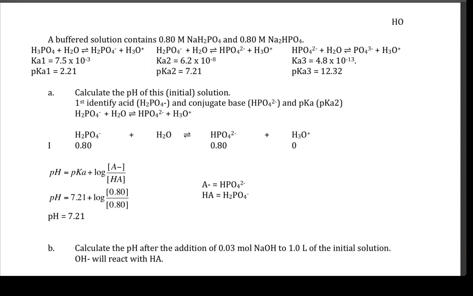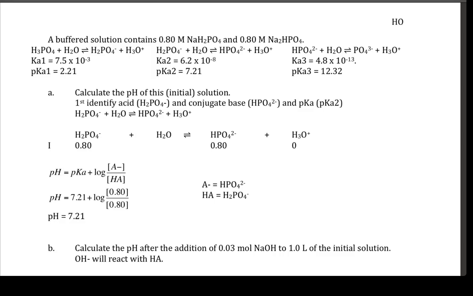So we go to the second step, H2PO4 minus plus H2O in equilibrium with HPO4 2 minus plus H3O+. That one involves both of the parts of our buffer. So that's the one that we're going to use, with the pKa2 of 7.21 associated with it.